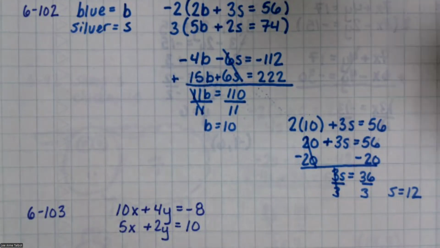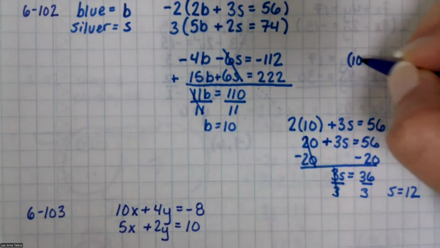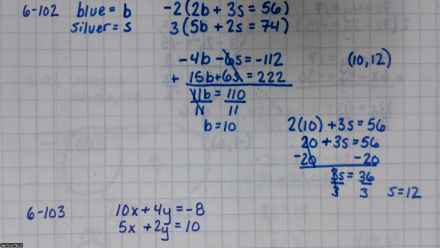Final answer, guys? And which of the situations do I have back here? I want to interpret it graphically. Do I have point of intersection, no solution, parallel lines, or infinite solutions, same line? Yeah, point of intersection at 10, 12.